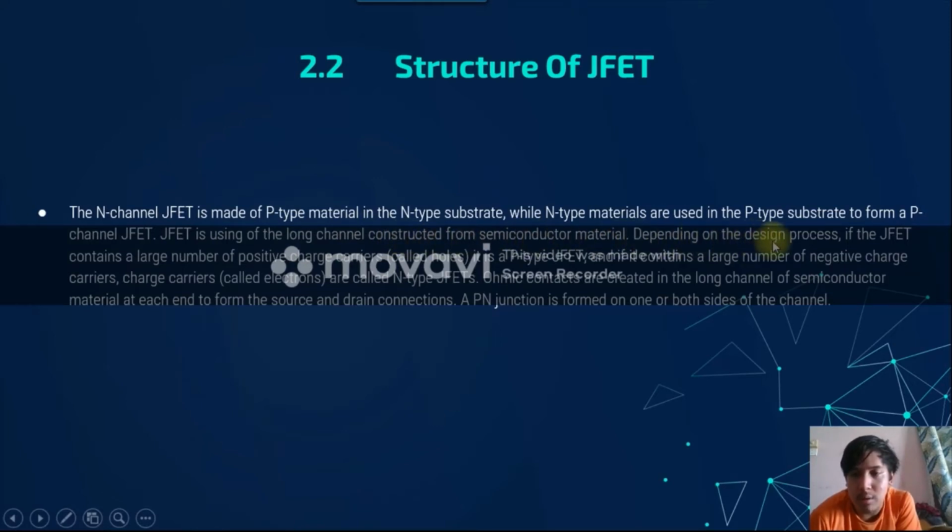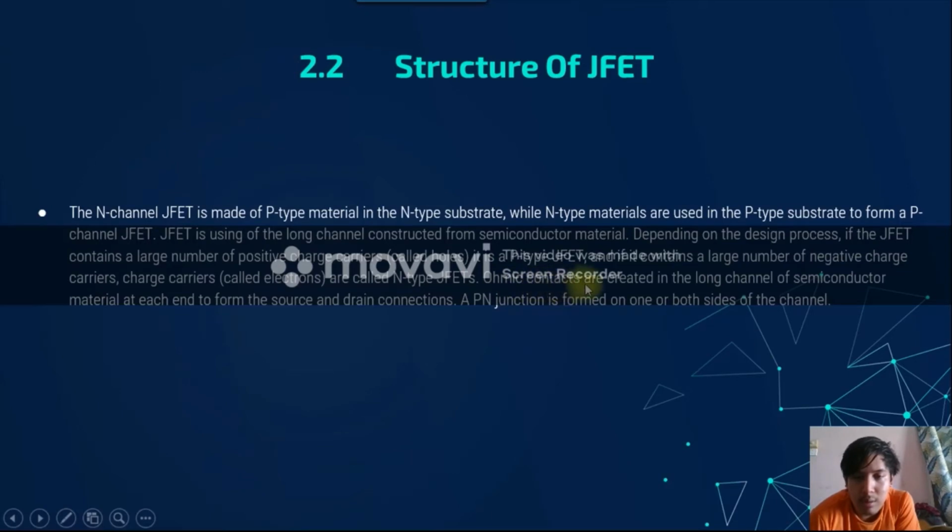Depending on the design process, if the JFET contains a large number of positive charge carriers, it is a P-type JFET, and if it contains a large number of negative charge carriers, it is called an N-type JFET.